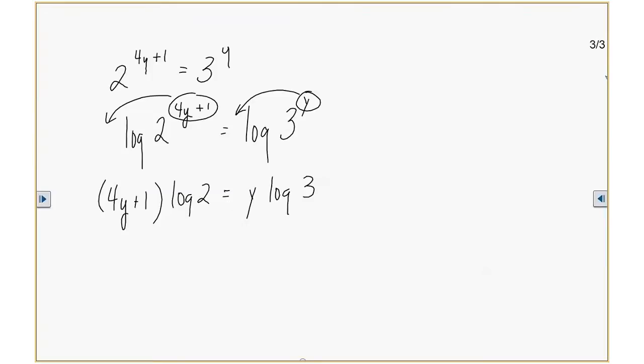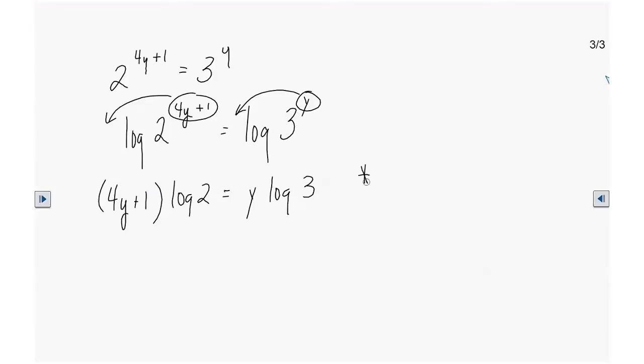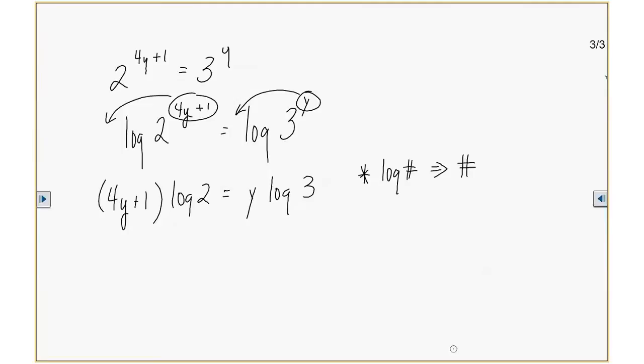Now this is where students usually get confused. They'll go, I don't know what to do next. Well, always remember this. Especially when you get to Calc 3 and you get to differential equations, log of a number is always going to give you a what? A number.